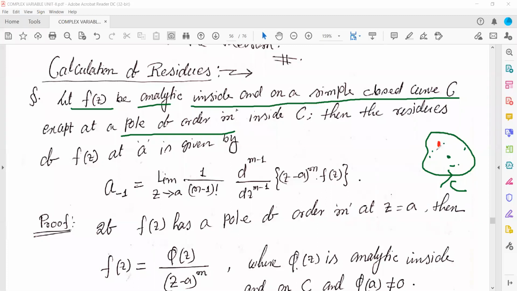That means this point is a singularity point.